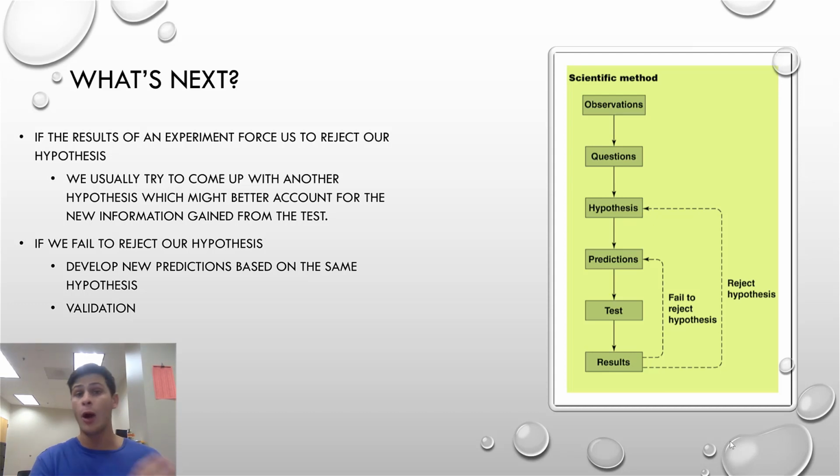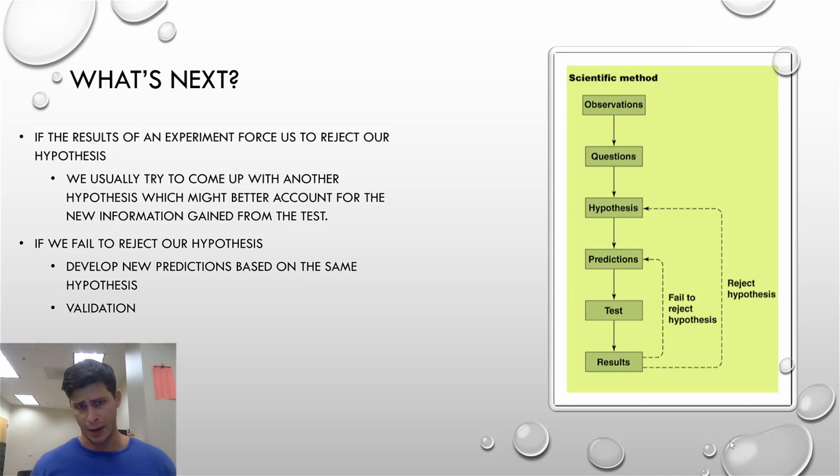Now, if we outright rejected our hypothesis, say that for the purposes of this experiment we found the exact same fish and animals living in seagrass as we did in bare sand, we would reject our hypothesis that different animals live in seagrass and bare sand.